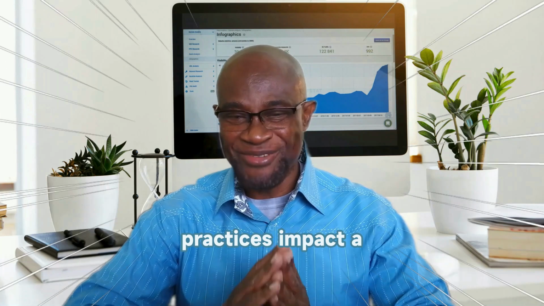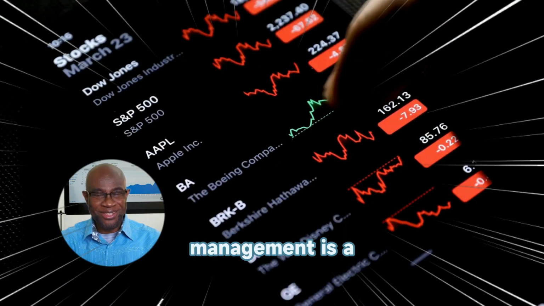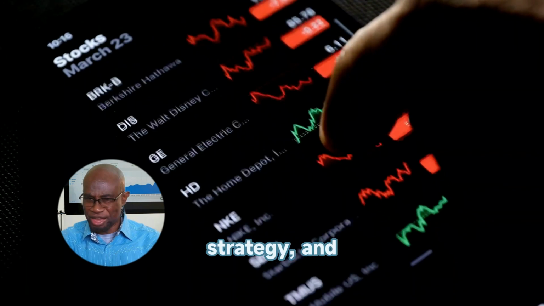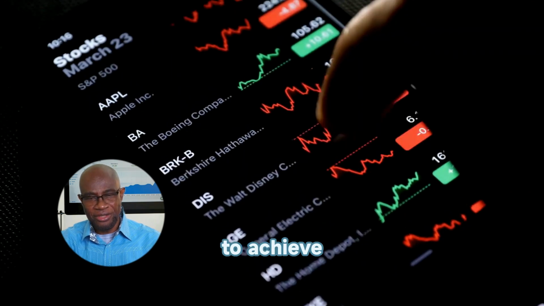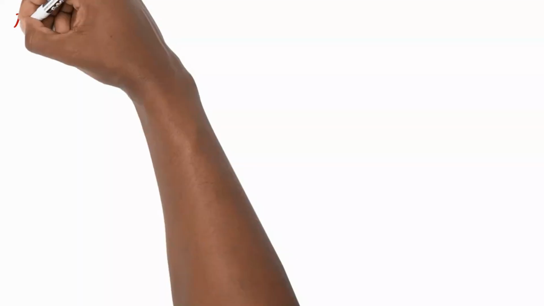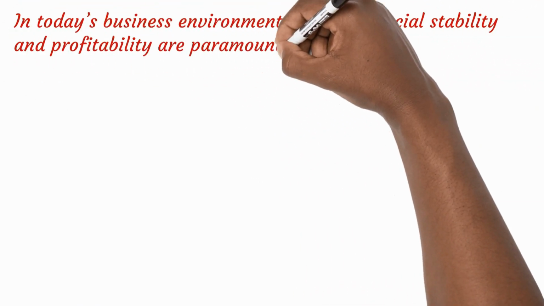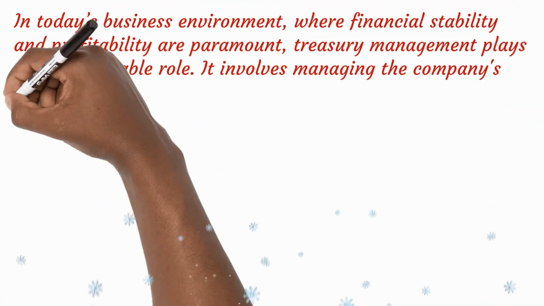Welcome to a comprehensive exploration of how Treasury management practices impact a firm's liquidity and profitability. Treasury management is a vital aspect of any organization's financial strategy, and understanding its influence is crucial for businesses aiming to achieve long-term success. In today's business environment where financial stability and profitability are paramount, Treasury management plays an indispensable role.